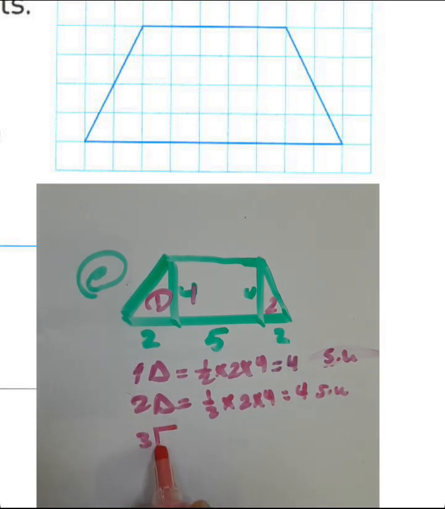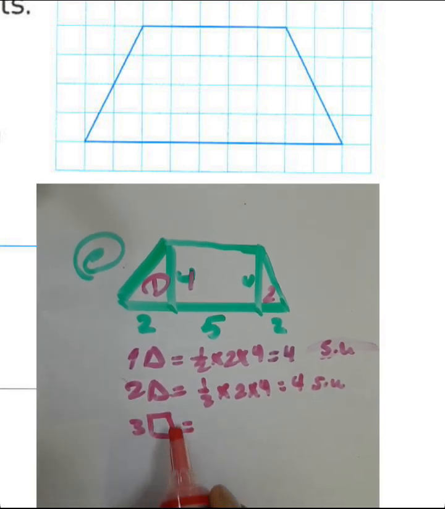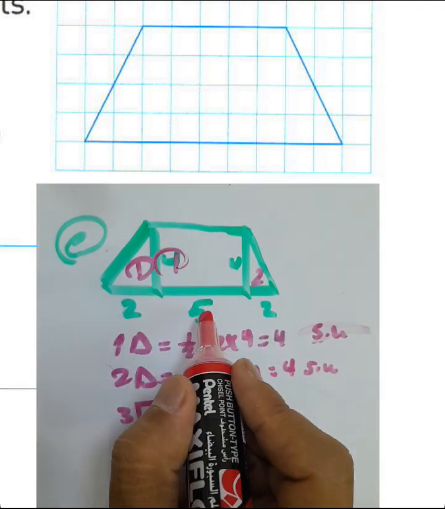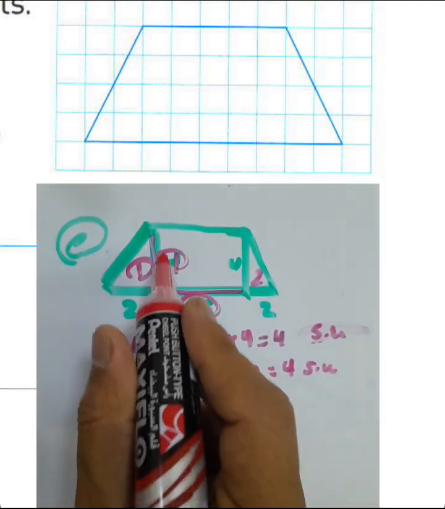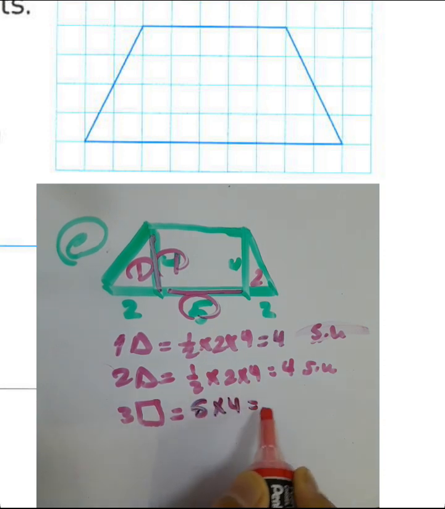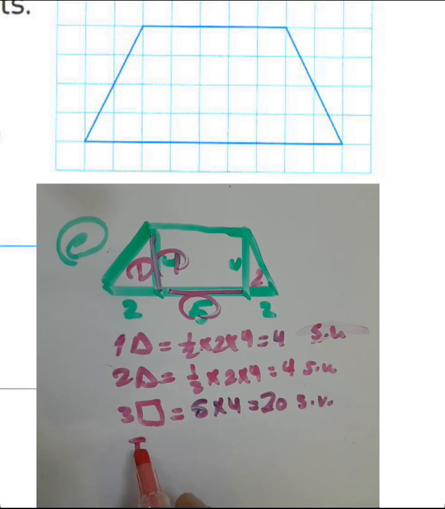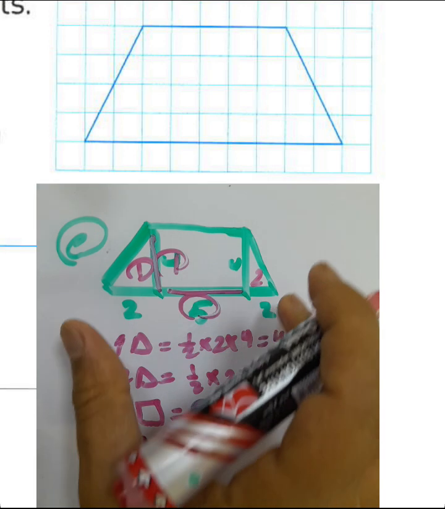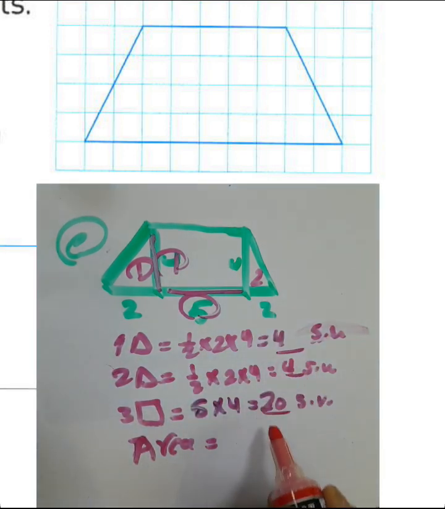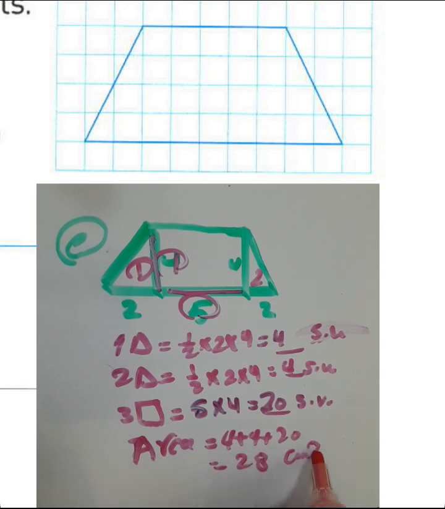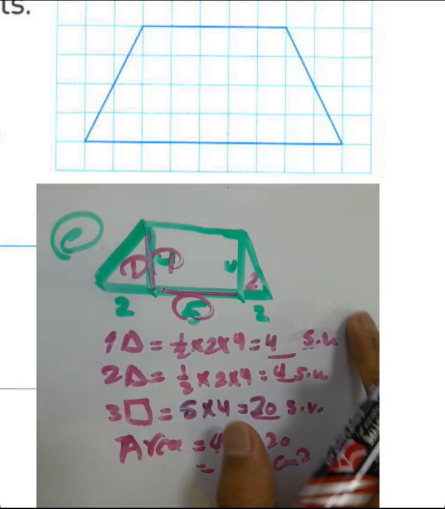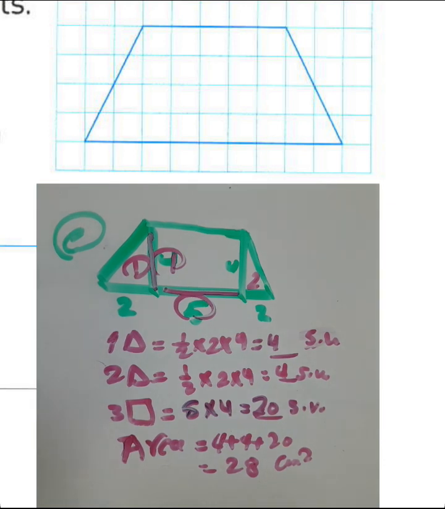And the rectangle, 4 times 5, or base times height, equals 20 square units. Then the total area of the figure will be 4 plus 4 plus 20. It will be 28 square centimeters.